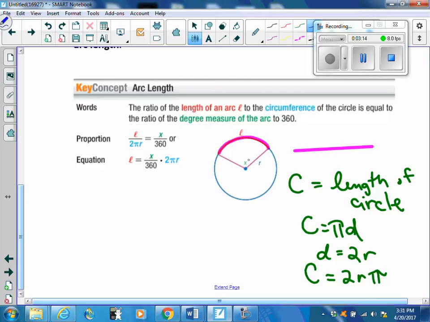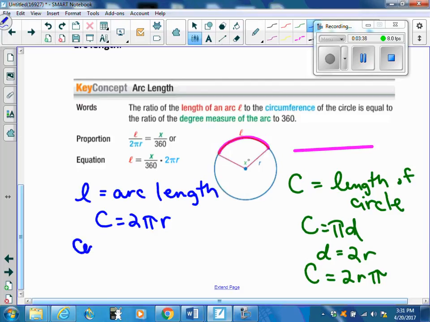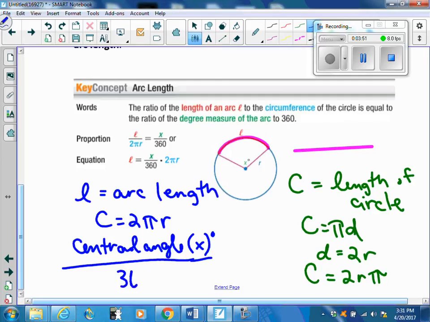So what I want to do to find arc length, and they're going to call that L, my arc length, is to find the circumference given the radius, and then I want to know what fraction of that it is. So I'm going to take the central angle, whatever that measurement is, in this case x degrees, and I'm going to divide that by 360 because that's a whole circle.